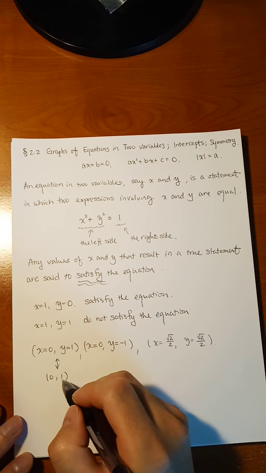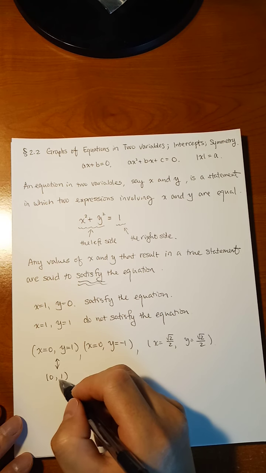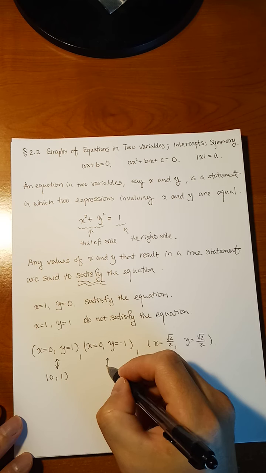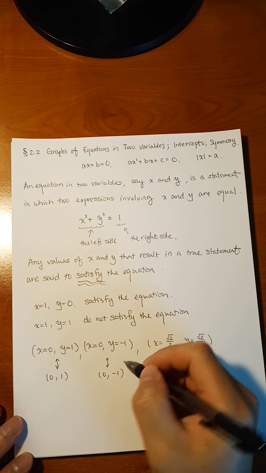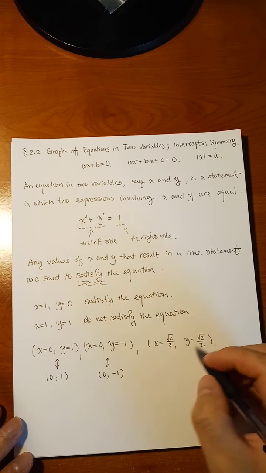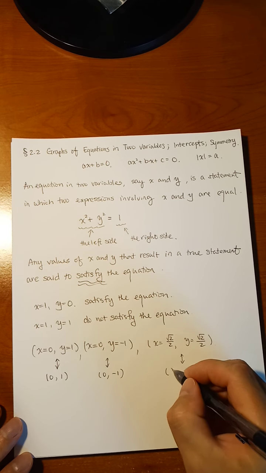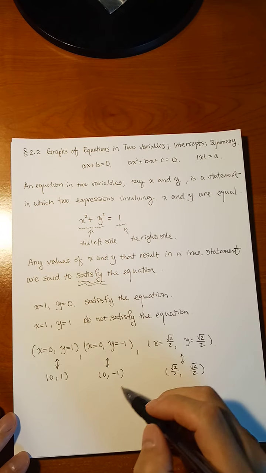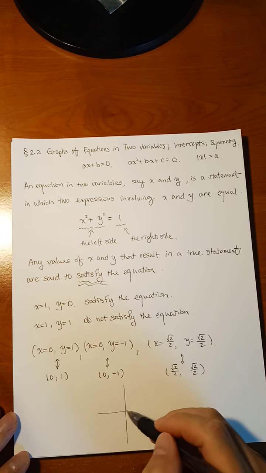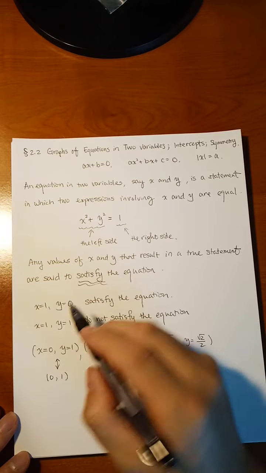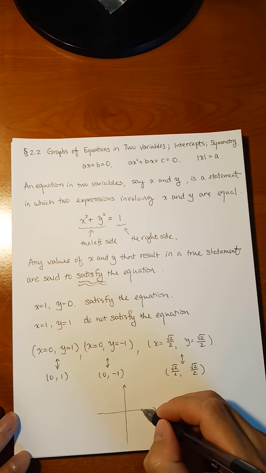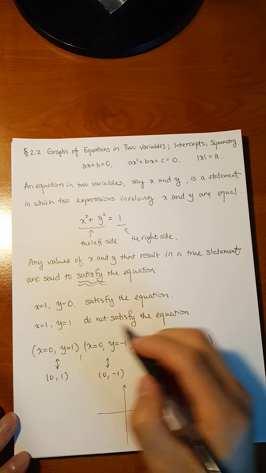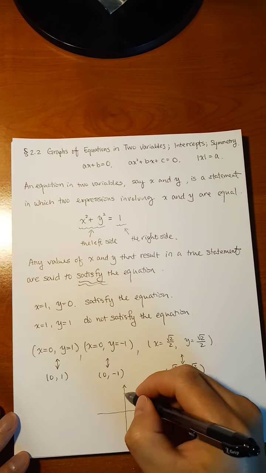So x is 0, y is 1. This solution corresponds uniquely to a point in the xy plane. Here the same thing, it is uniquely determined by a point in the xy plane. So you may have, for example, 1, 0, where x is 1, y is 0, here. 0, 1 is here. 0, negative 1 is here.